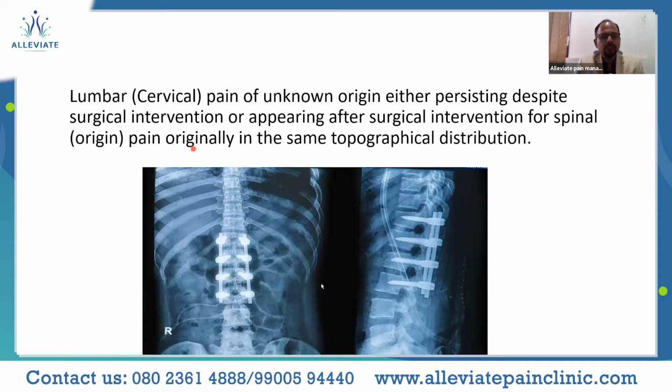One of the studies, called the PROCESS study, has its own definitions. If you see the literature, there are multiple definitions for this.